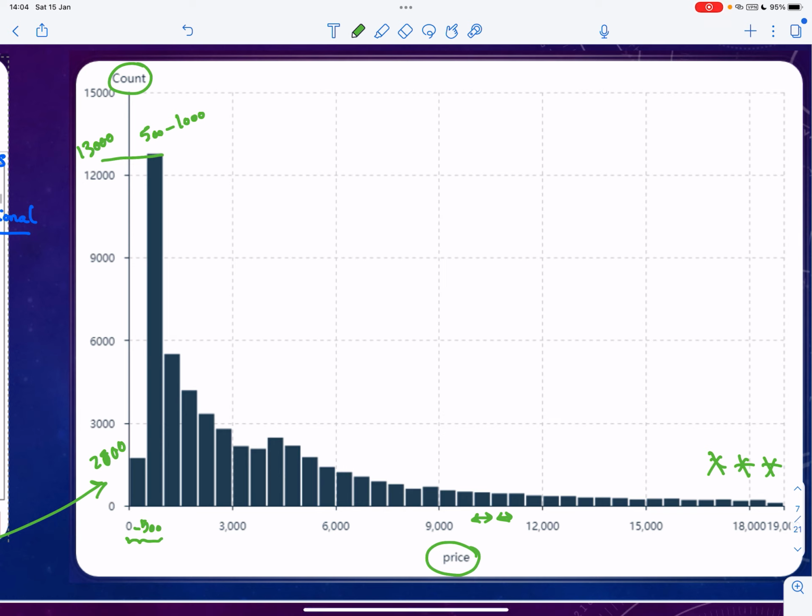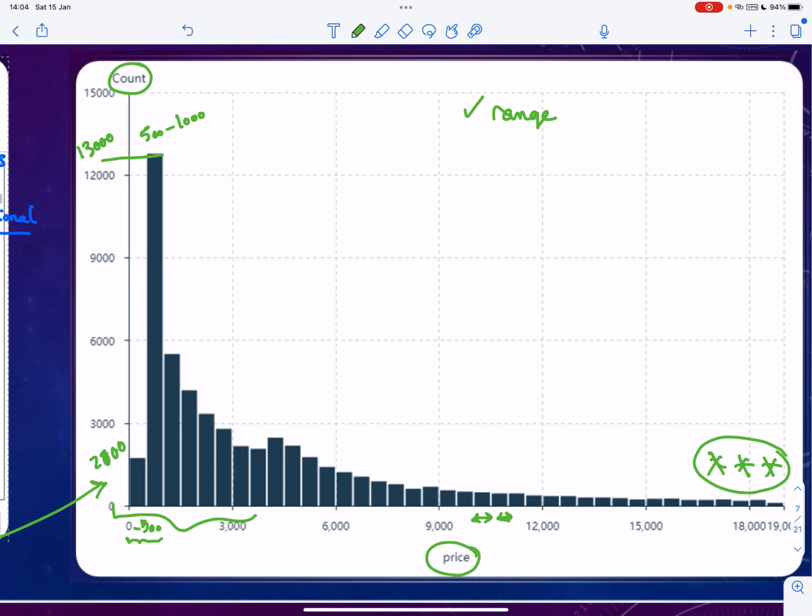So what we can see, the first thing that I can see is there are a few diamonds with very high prices, $18,000 to $19,000. However, most of the diamonds are located around here, between $0 to $3,000. So this is the range of price that I saw.